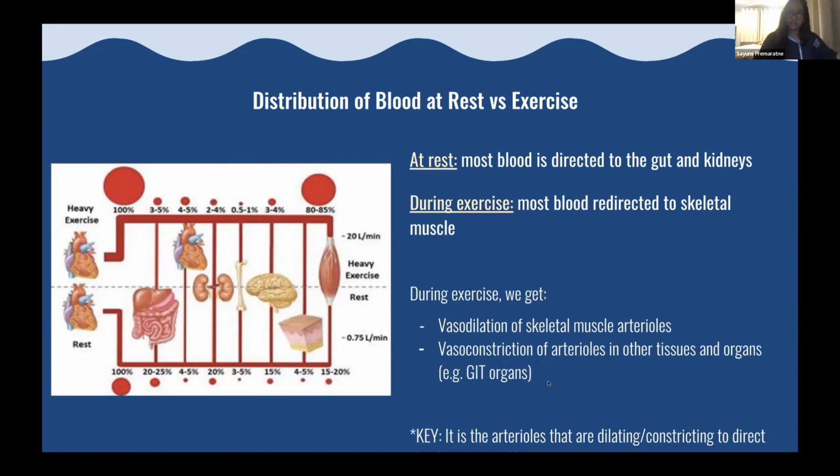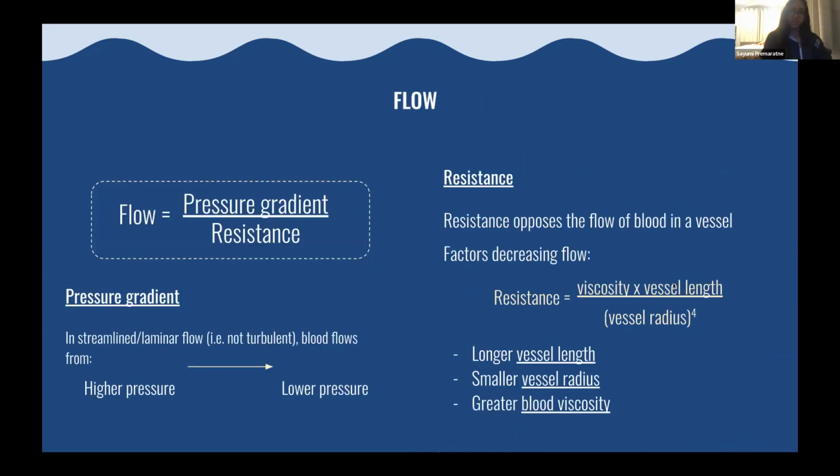And then, yeah, that's pretty much what I said here. So during exercise, vasodilation of arterioles in your skeletal muscles. So we're getting more blood flow to your skeletal muscles, but then vasoconstriction of the arterioles in things like your GIT organs.